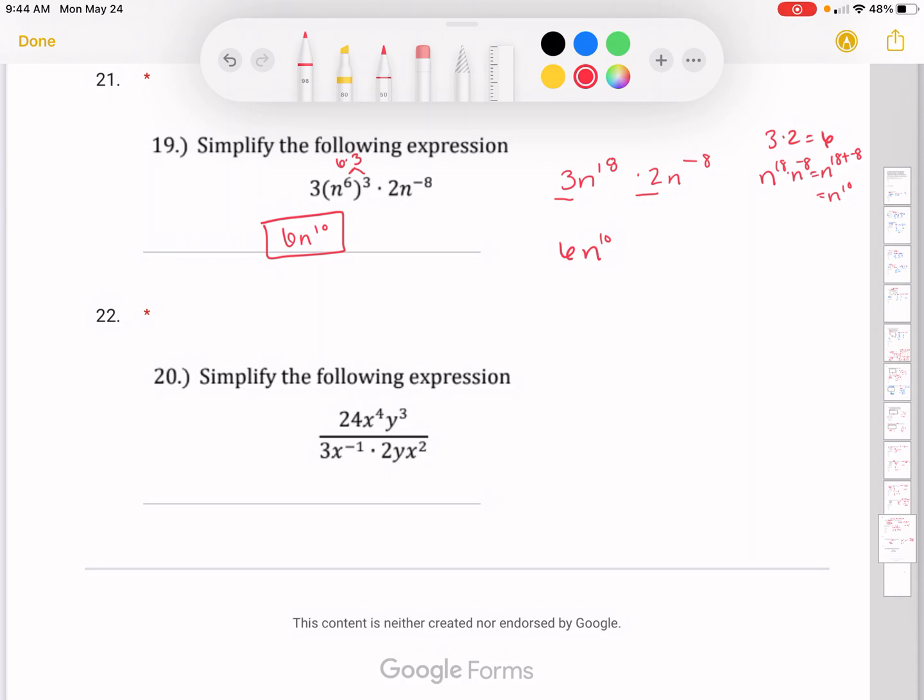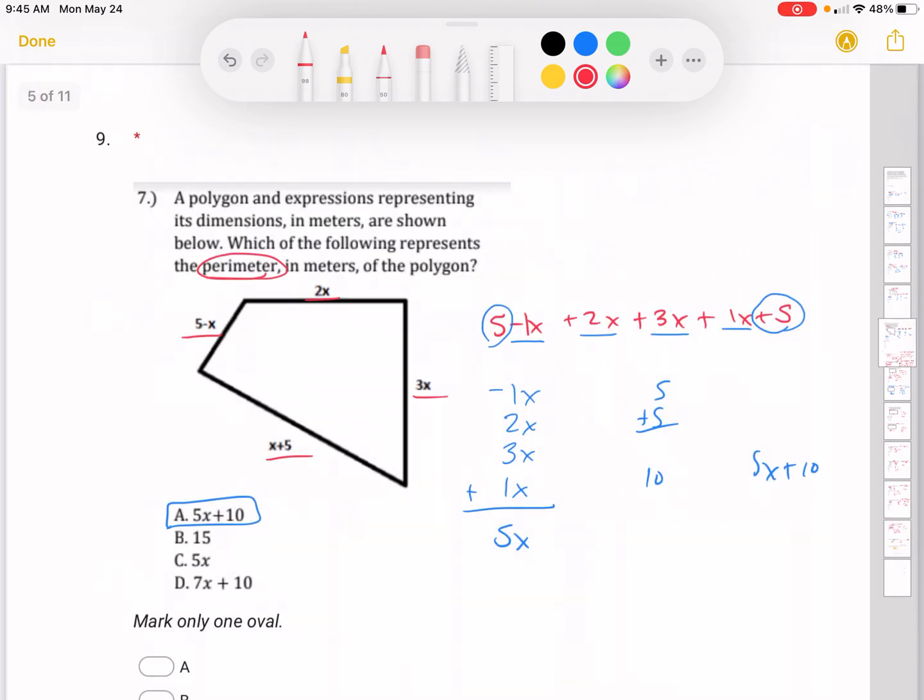This next one, I'm going to simplify the denominator first. So the denominator, we have 3x to the negative 1 times 2yx squared. If you do 3 times 2, that's 6. Next, I'm going to do my x's.